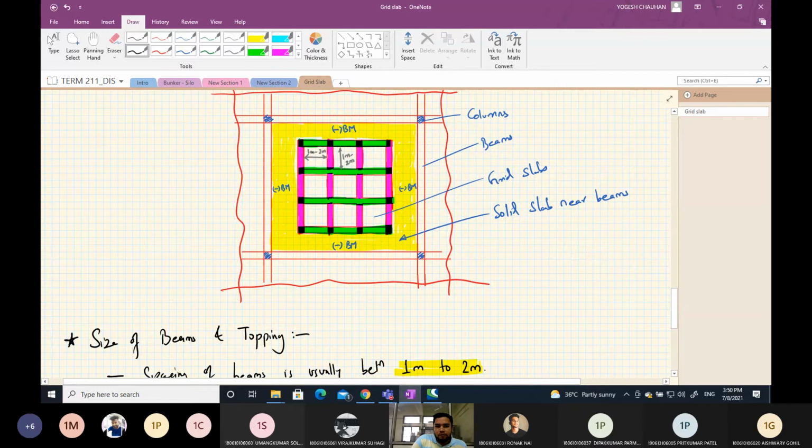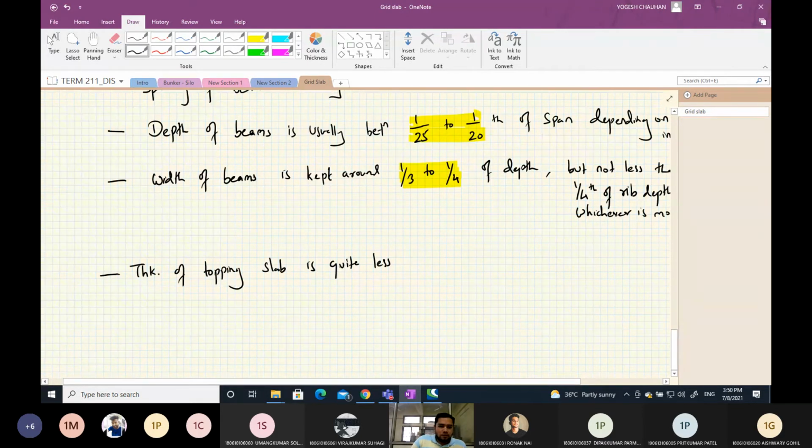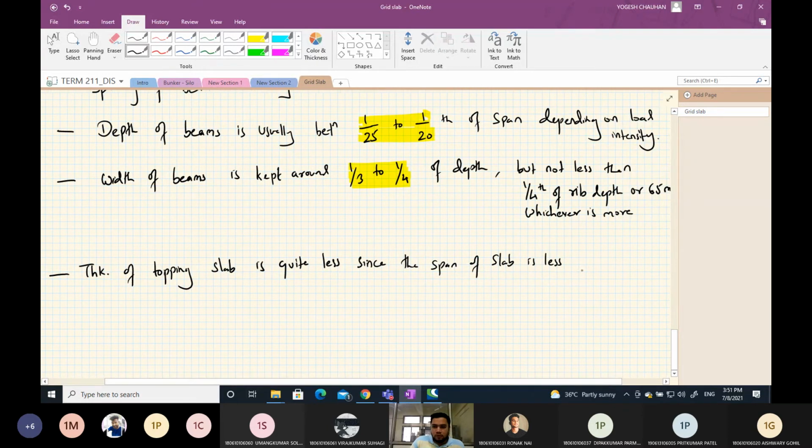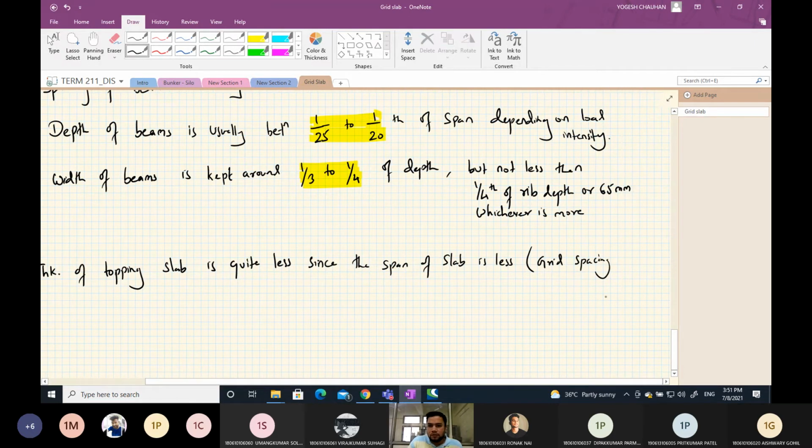The thickness required for the slab or topping is very less, since the span of slab is less, because the grid spacing is small.